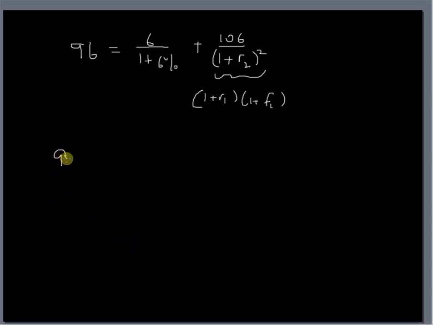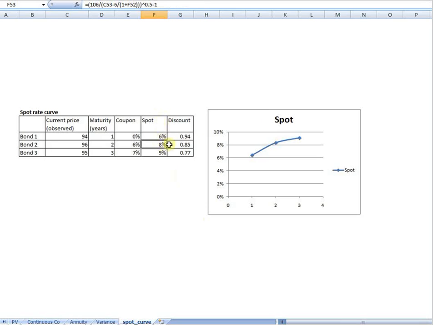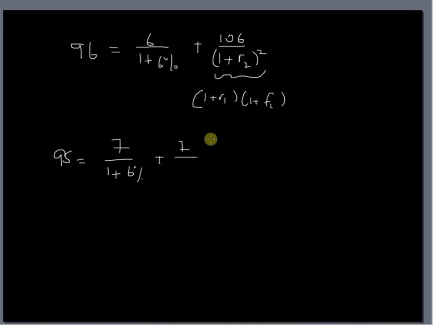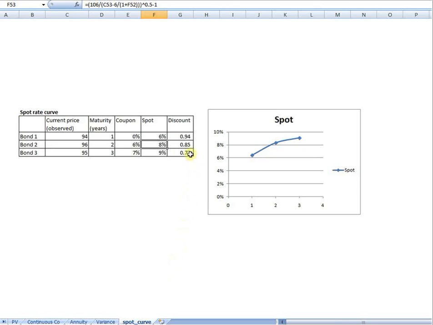So 7 over 1 plus 6% for the first year. 7 over, what is the spot rate for the second year? 8%. 1 plus 8%, remember to square it, because you are going to discount 2 years, plus 100 plus 7 over 1 plus R3. This is the term that you want to solve in this equation, R3. I've obtained R3 to be 9%.